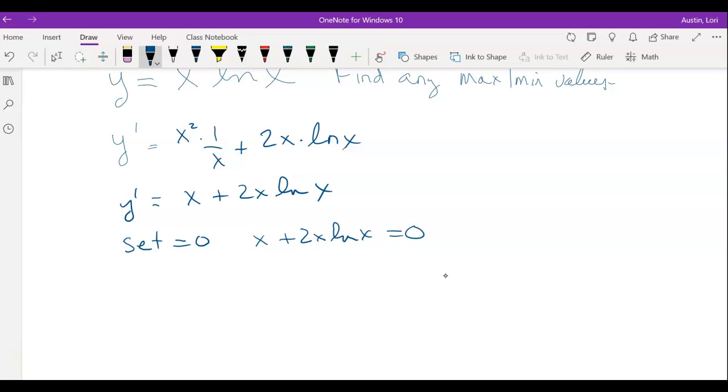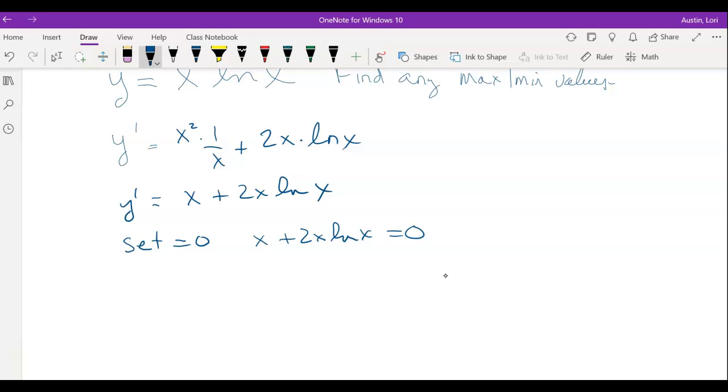You are going to get comfortable solving equations like this. I promise. So let's think about this. What do you want to do? Because I know what happens the second I put an ln x in there: you forget all your basic rules of solving equations.